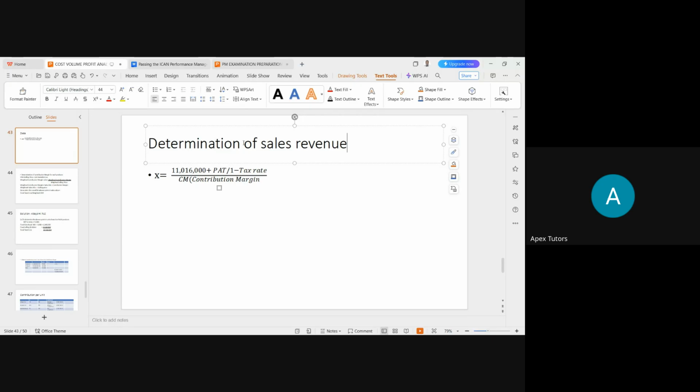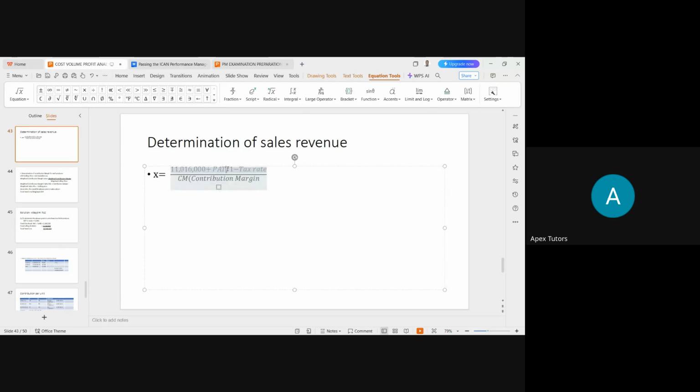So, do we have any information related to profit after tax? We only have profit before tax. He said an after-tax rate of return of 12% of the revenue.